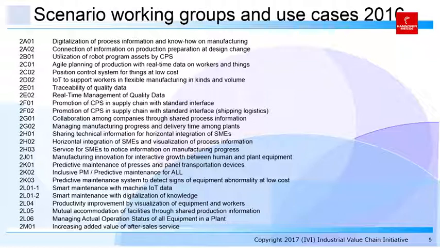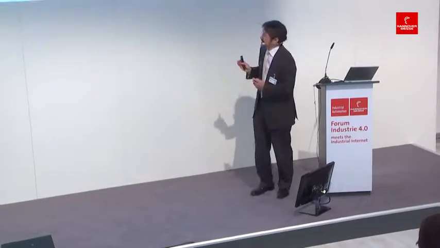And each working group is very practical and very detailed about shop floor concerns. Many of these topics are categorized into 8: production engineering, quality management, production planning and control, supply chain management, SME, preventive maintenance, asset and equipment management, and also maintenance service management.